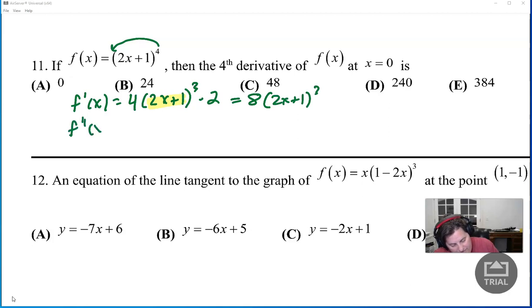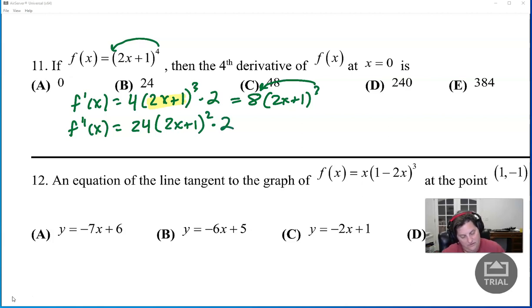Okay, second derivative. All right, from over here. Let's see. Bring that down in front. That's going to be 24 times 2x plus 1 squared times the derivative of the inside. So let me go ahead and call that 48 times 2x plus 1 squared. All right, third derivative.